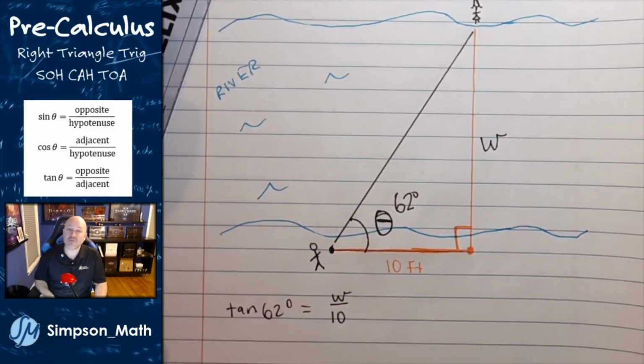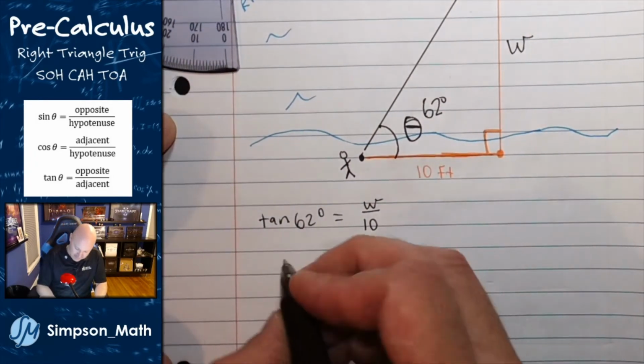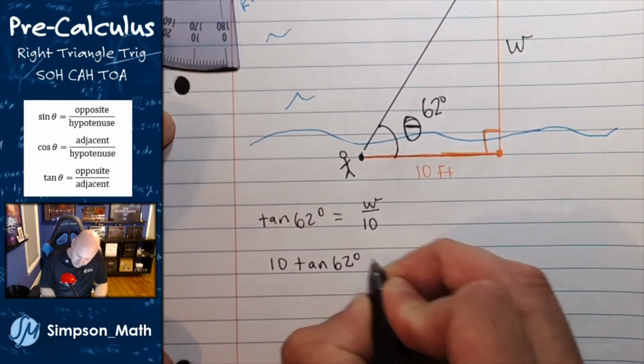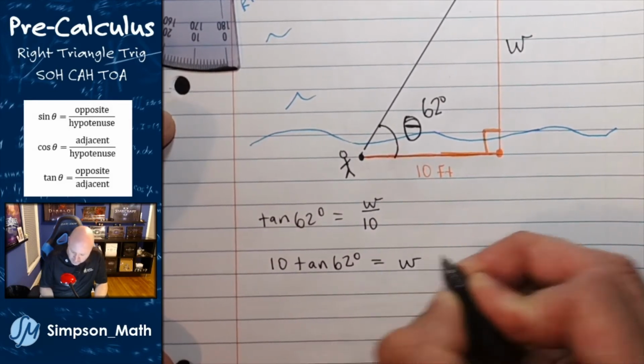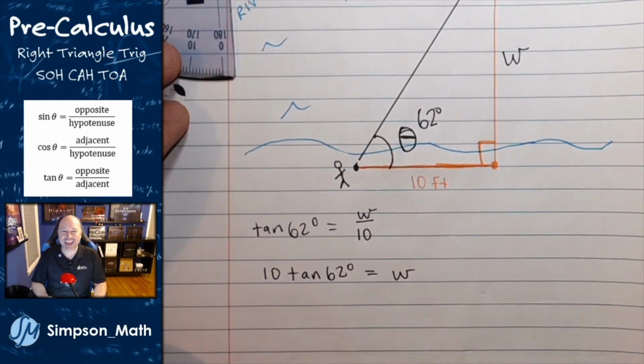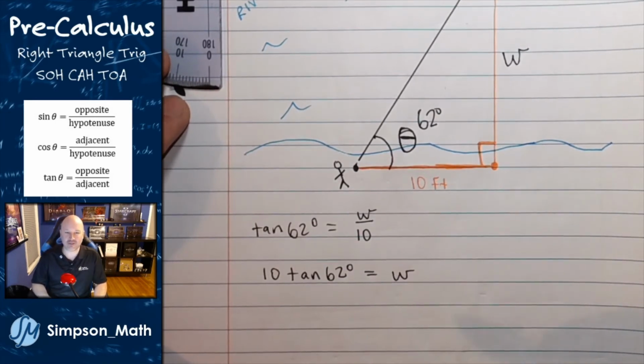If you want to solve for the width, you simply need to take that equation and multiply both sides by 10. I'm done. This is the answer to the question. This is the width of the river. We call this an exact value.